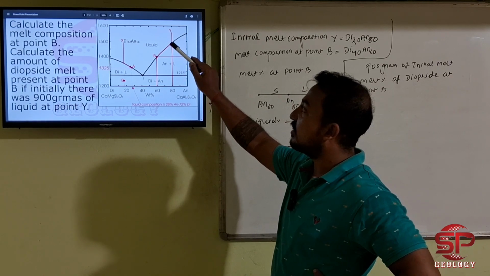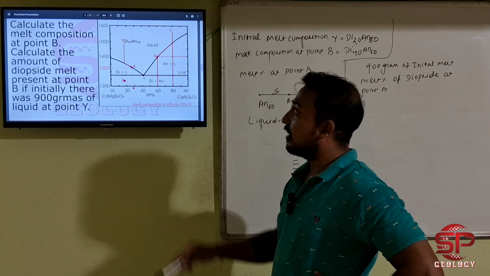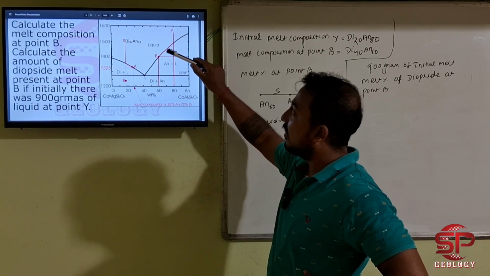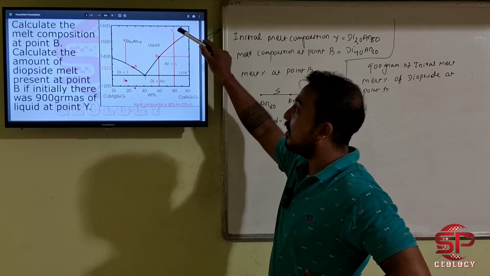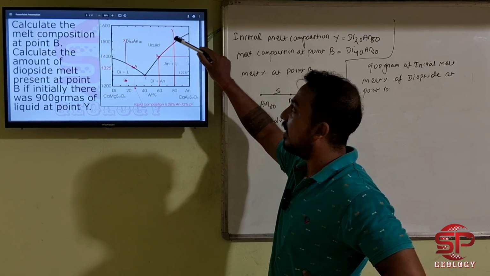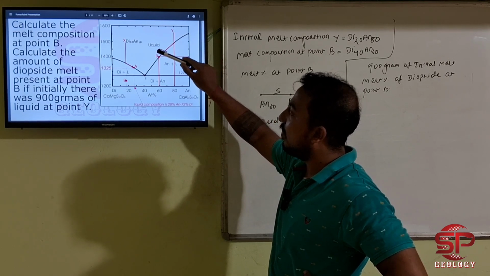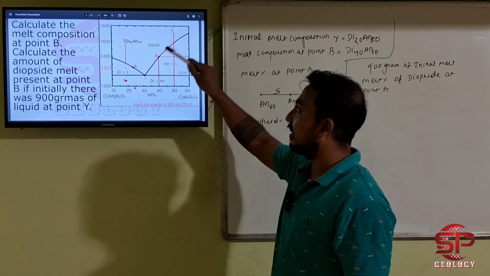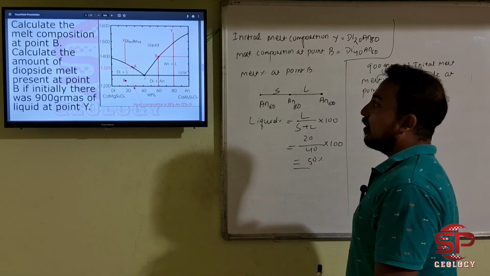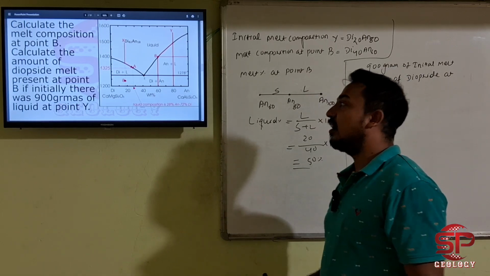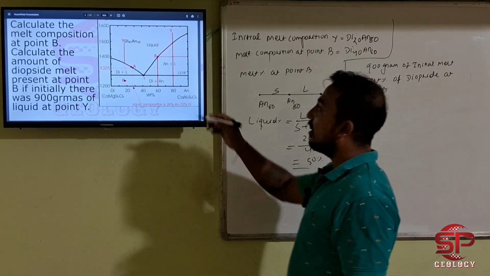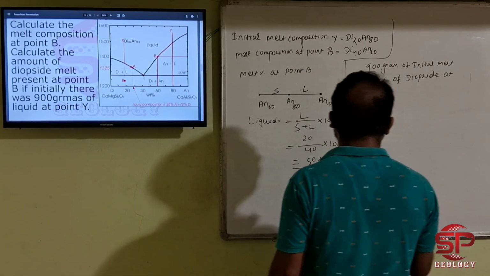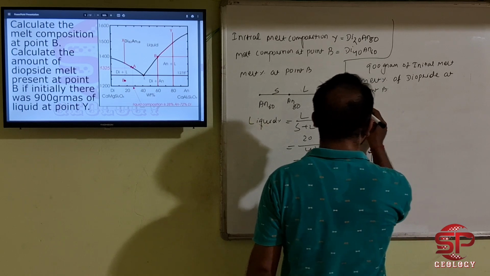There will be no crystallization of diopside. That means the initial amount of diopside present in the melt will remain the same up to point B, because there will be no crystallization of diopside here. So we just have to calculate the initial melt amount of diopside, and that will be the melt amount at B.